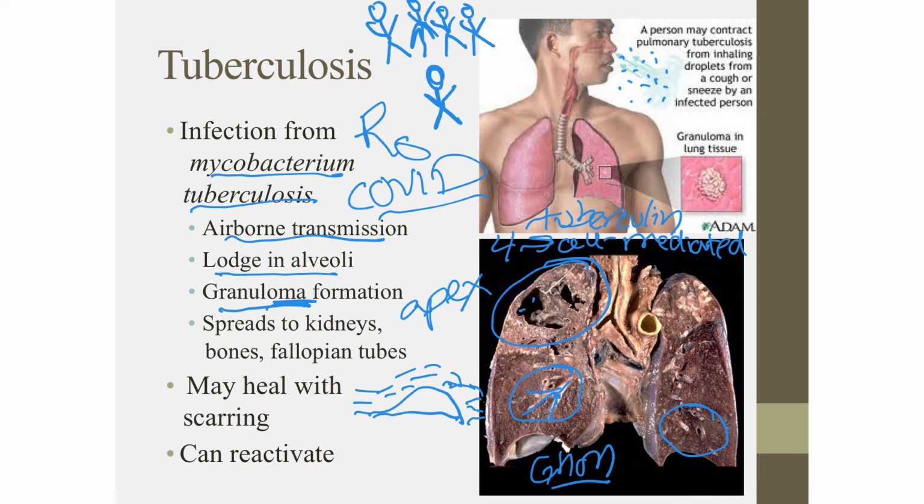And when it does reactivate, we get this necrosis at the center in the apices, in these areas of granuloma formation. Also, because this is a hypersensitivity, we see this widespread fibrin accumulation. So this is when, remember, we have organ degradation and necrosis here, and organs are really high in tissue factor.